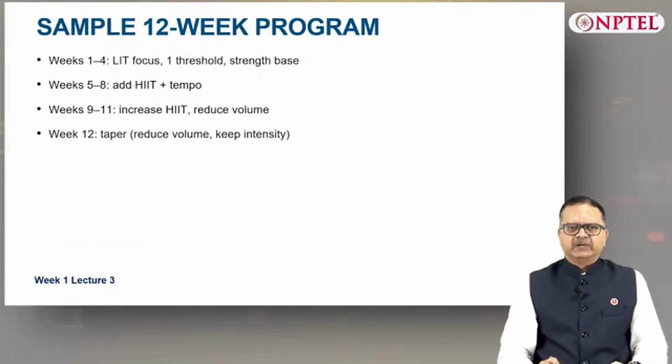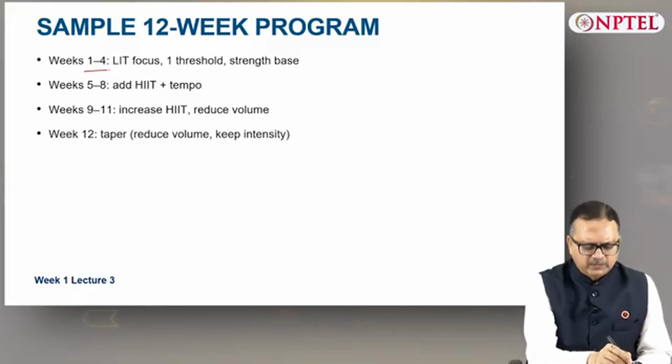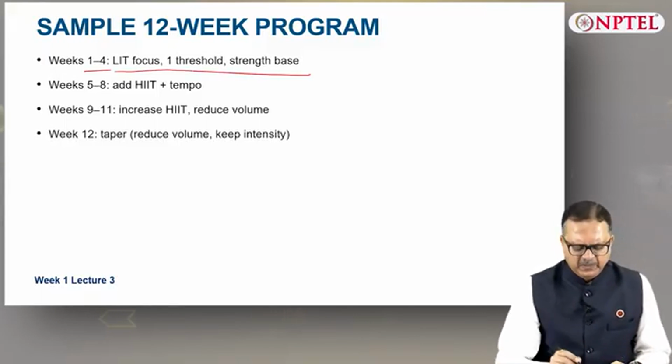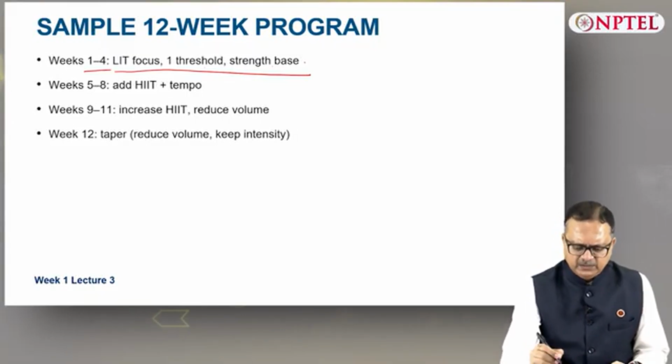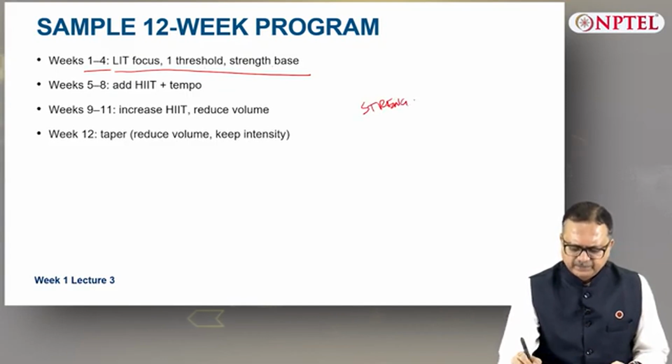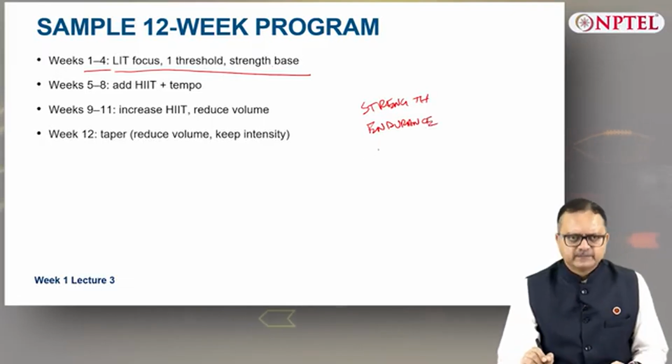We'll talk about a sample 12-week program. Week 1 to 4, focus on LIT, maybe one session of threshold training and focus on strength. Here, the motor quality is strength endurance, and not pure strength.